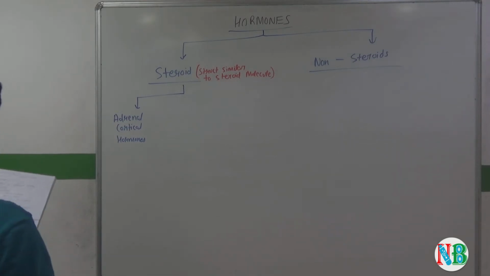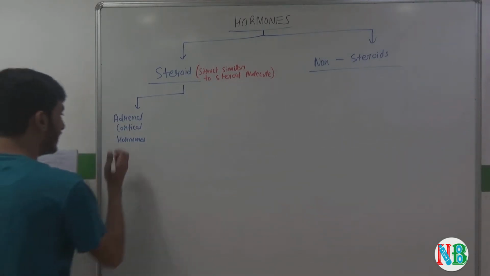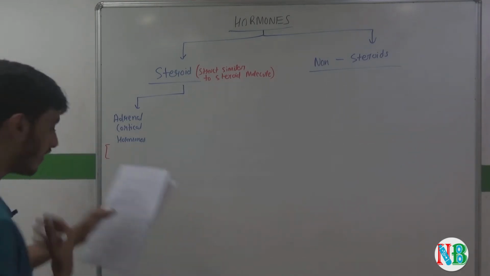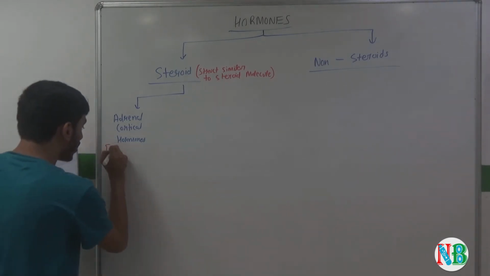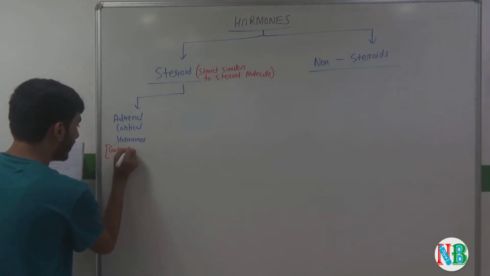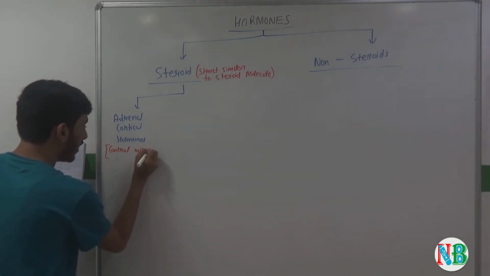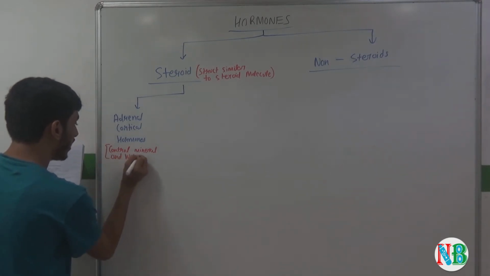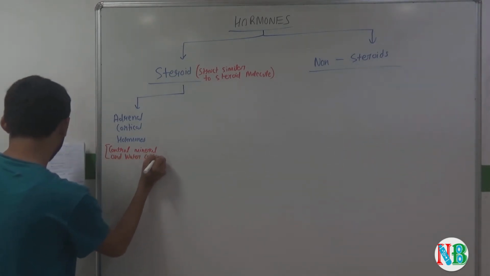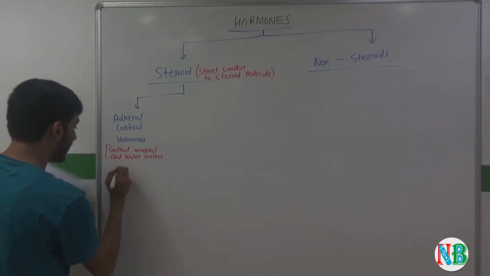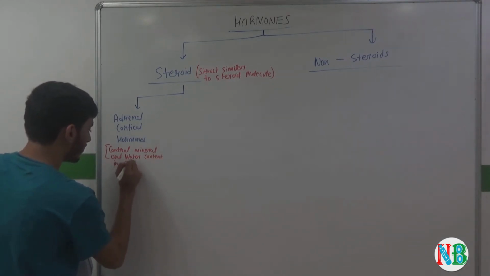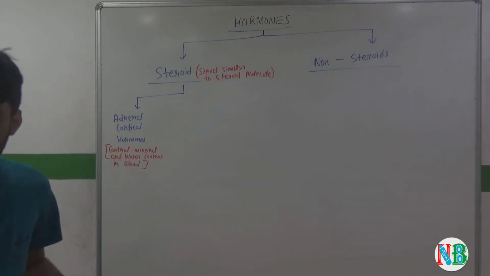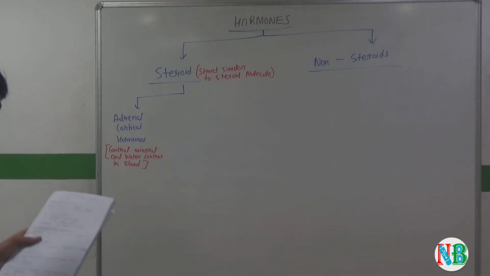These hormones that are found in us are used to control the mineral and water content in our blood. So these are the first type of hormones found in us.